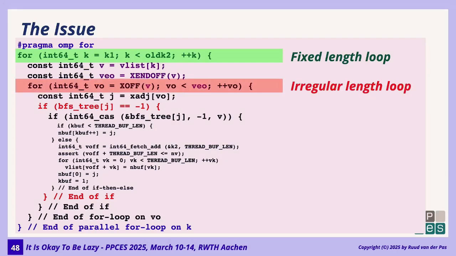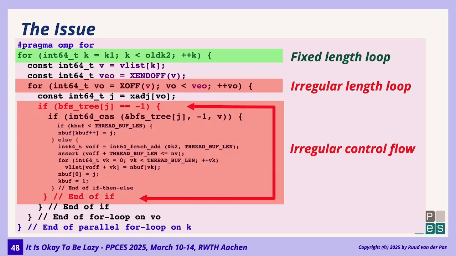Then there's another loop, but that has an irregular length because the loop start and end values depend on what you set above, and that depends on that outer loop. And potentially those are not the same values across all the values of K. Then within that loop, we have this part, and that has irregular control flow because there's this big if statement.